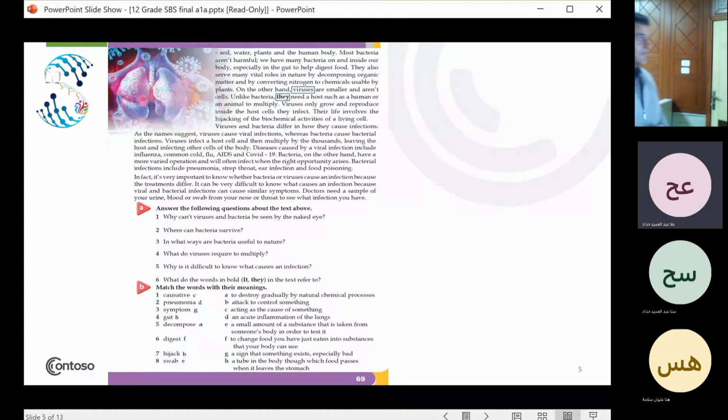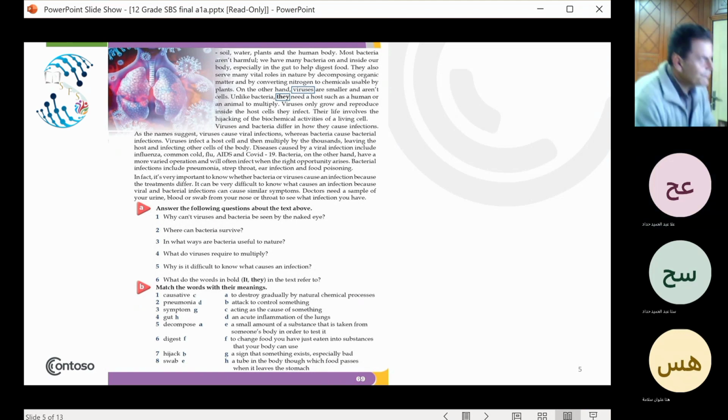Viruses infect a host cell and then multiply by the thousands, leaving the host and infecting other cells of the body. Thank you. Let's reread that and see the meaning.